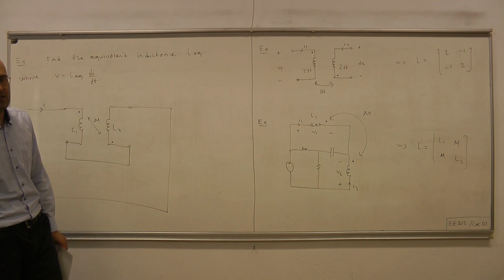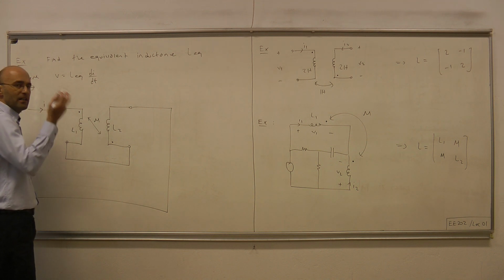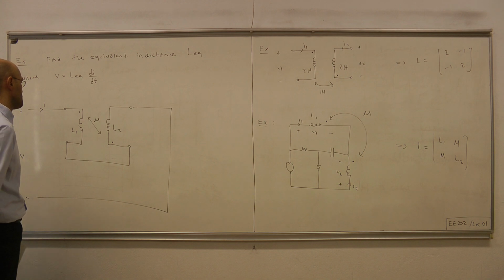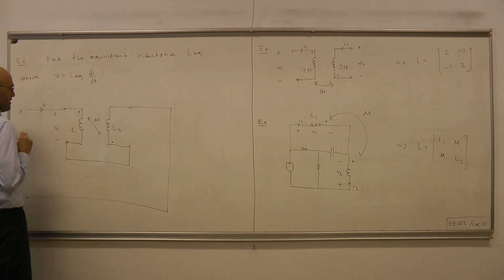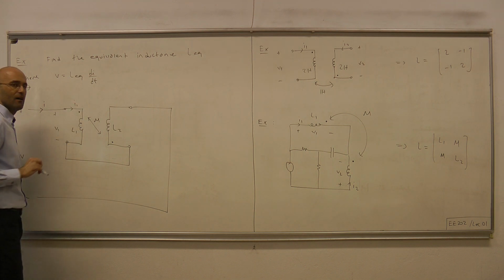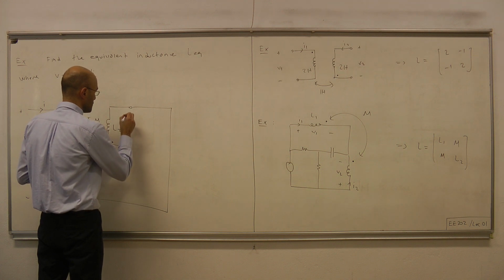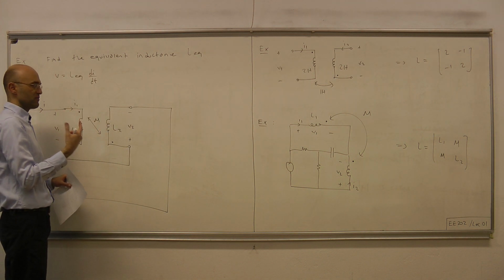Okay. So for that, because we want to be able to write the terminal equations for our coupled inductors, we have to do some labeling. So let labeling be the following. By labeling, I mean assigning voltages and currents to the coils. So let this be V1, let this be I1. And let this voltage be V2, and we have to obey the passive sign convention.